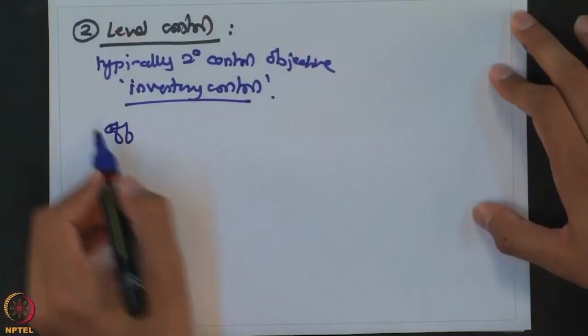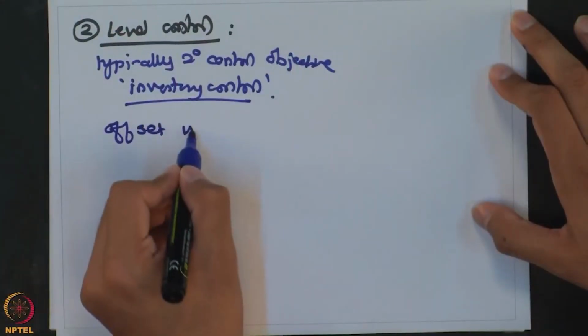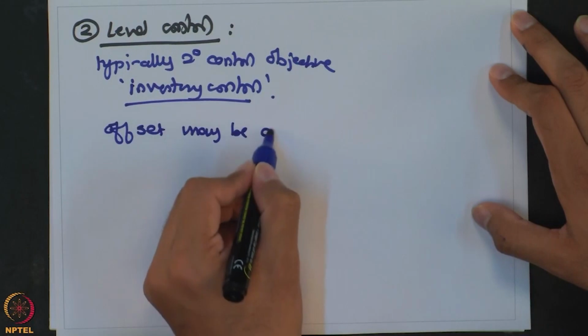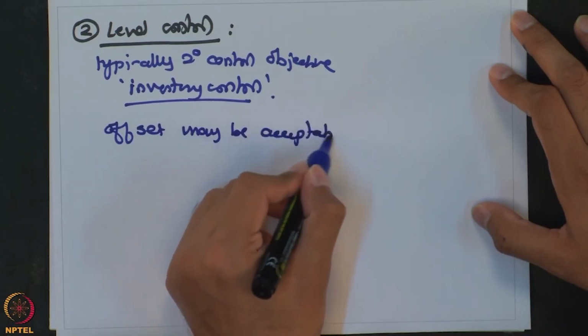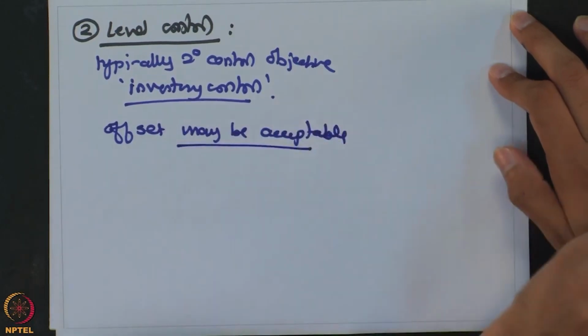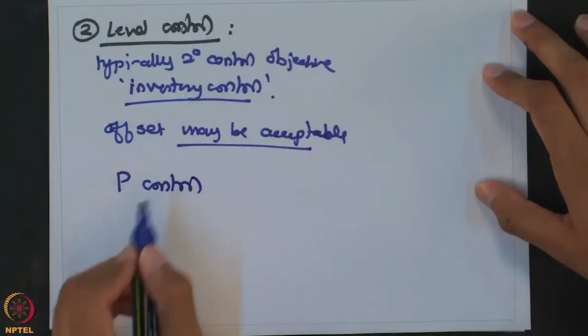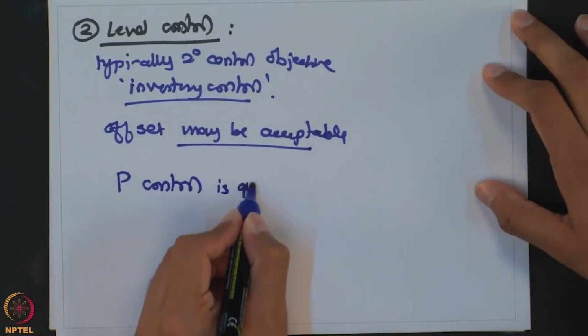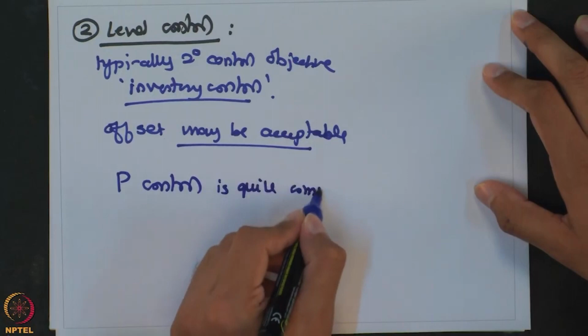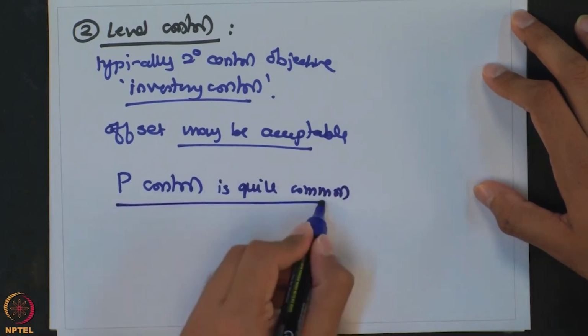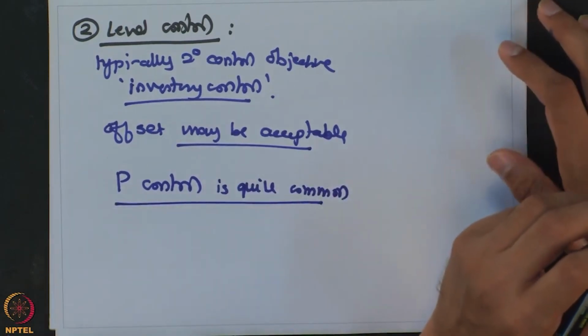So a lot of times offset may be acceptable. In a lot of the cases when you have a level controller, you are okay with the offset and you want a fast response, so the proportional controller is quite common for level control.